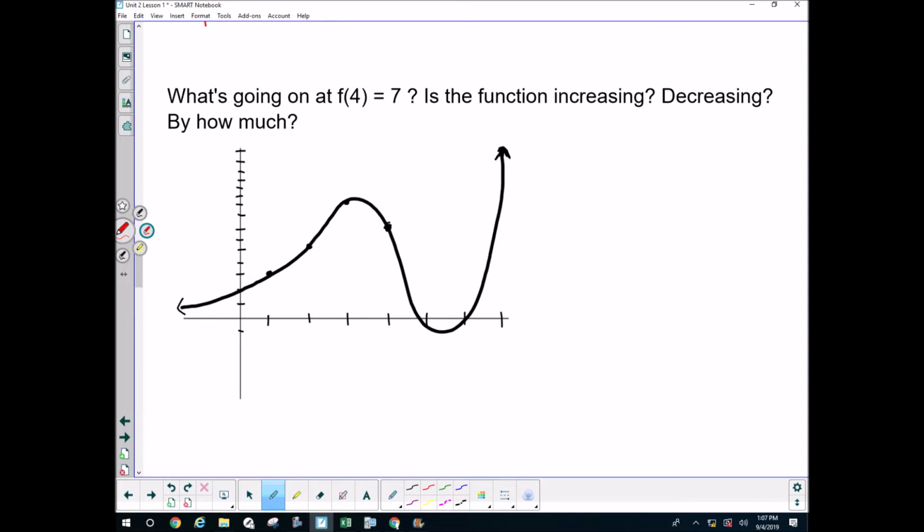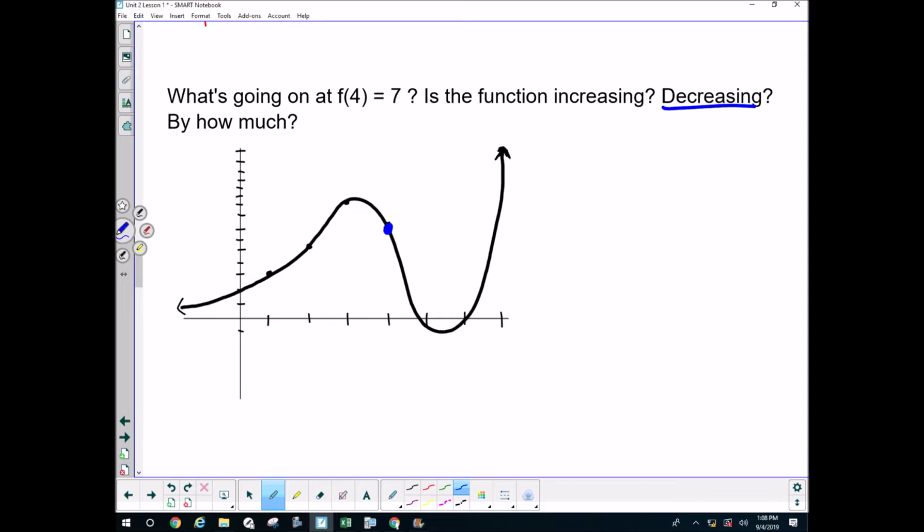Discuss with your neighbors. Now, we should be saying, all right, well, the function's going down, so I'm decreasing, okay? So decreasing.